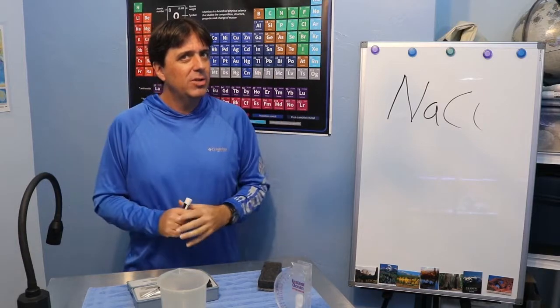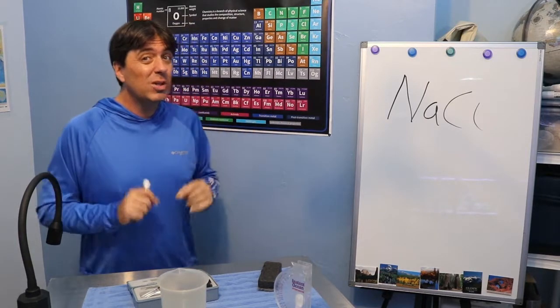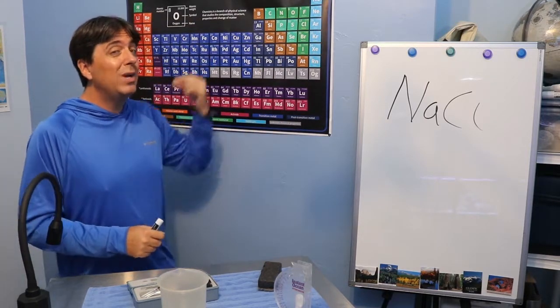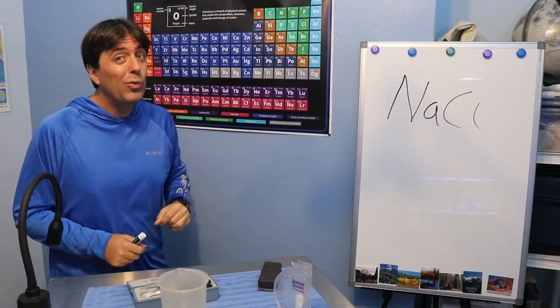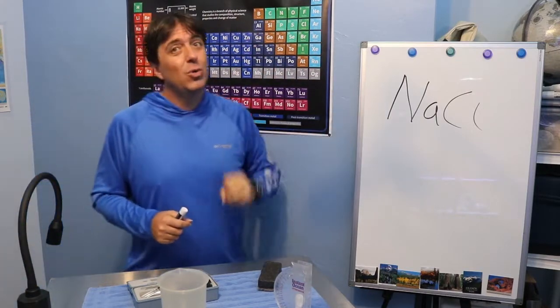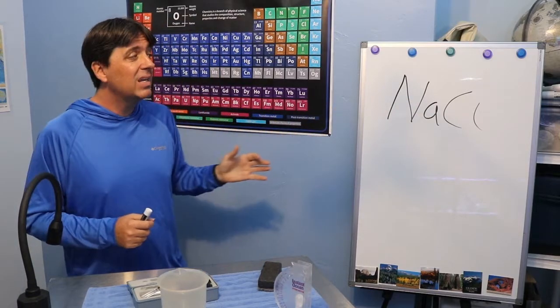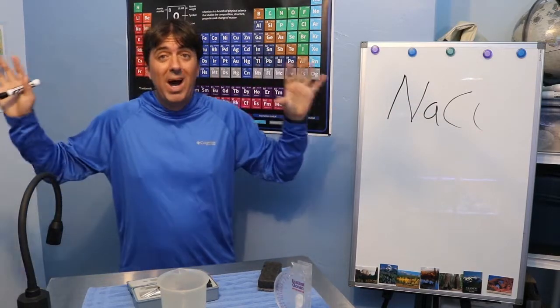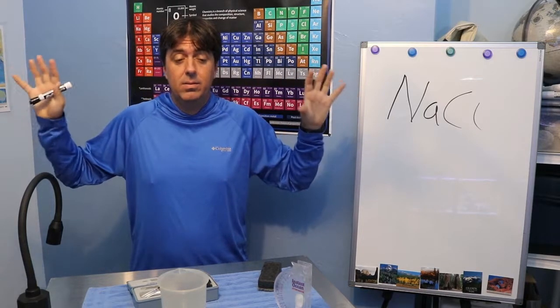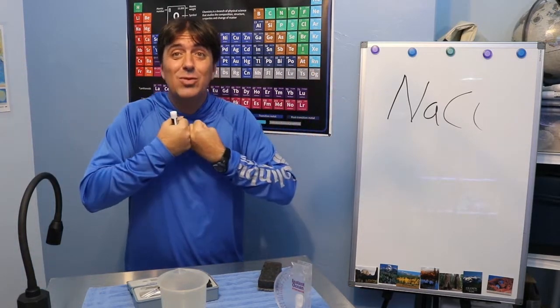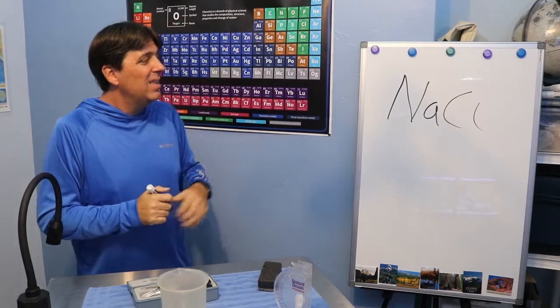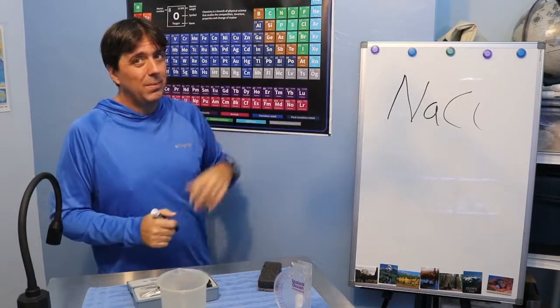So to break down the jargon and make it simple, essentially what happens, sodium donates an electron to chlorine. And when that happens, sodium becomes a positive ion and chlorine becomes a negative ion. And those positive and negative charges attract to create an ionic bond. And that is what we call sodium chloride, right?